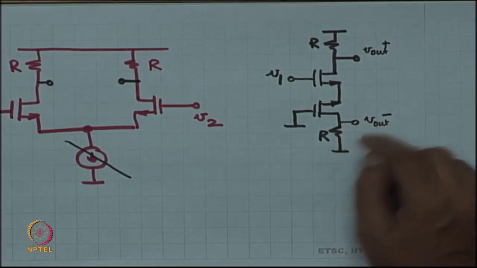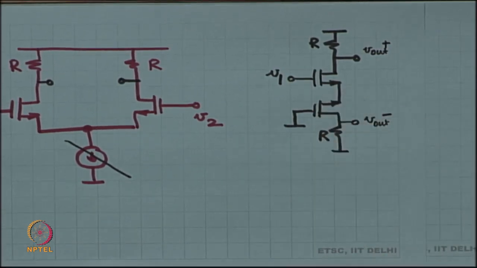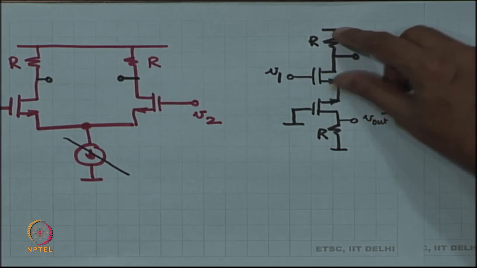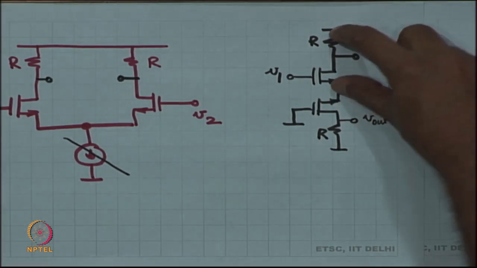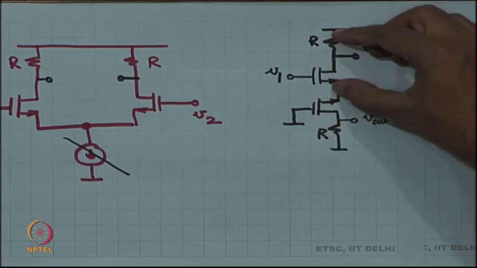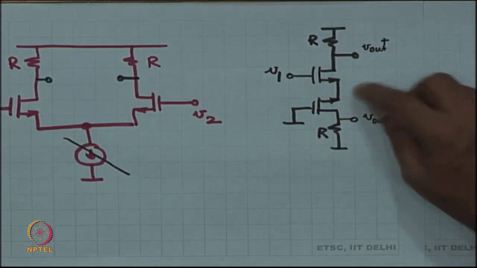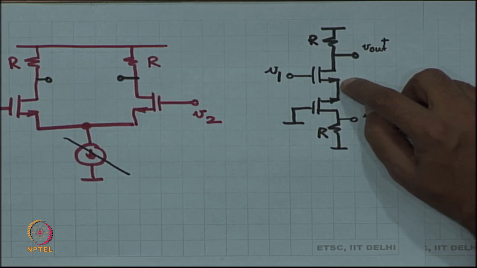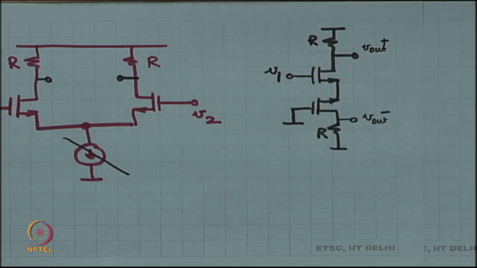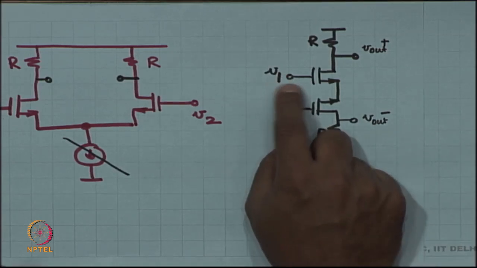Now, if I look at the output impedance, if I go in from V out minus, I look down, I see R, and I look up, what do I see? I am looking into the drain of a MOSFET where the source has some stuff. So, I have to pick my correct formula, but what is on the source? If I look up from the source, this is at ground, by the way, when you are doing the output impedance, this is at ground.